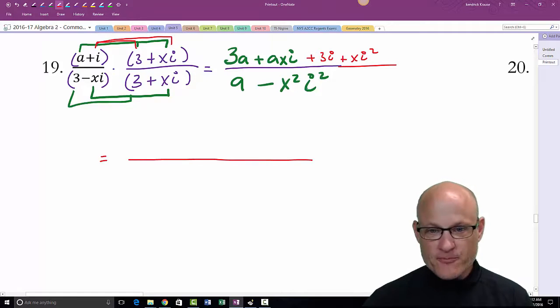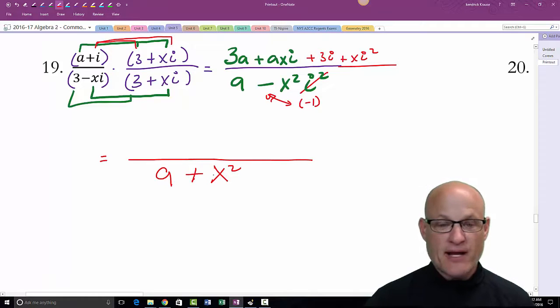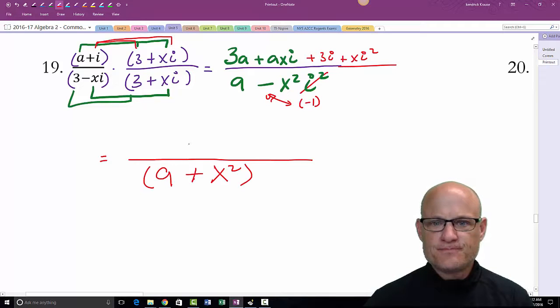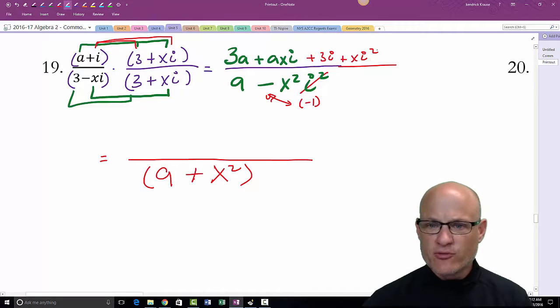Let's do the denominator first. This is really -1, so 2 negatives make a positive. So this is really 9 plus x squared, because negatives make a positive. All right. Over here, this is really -1.